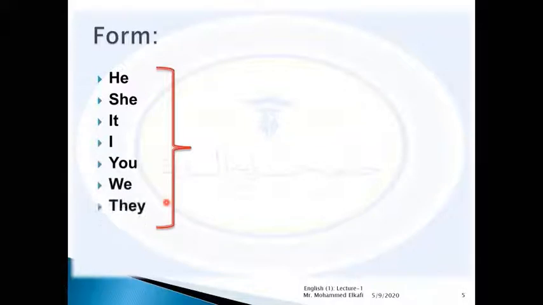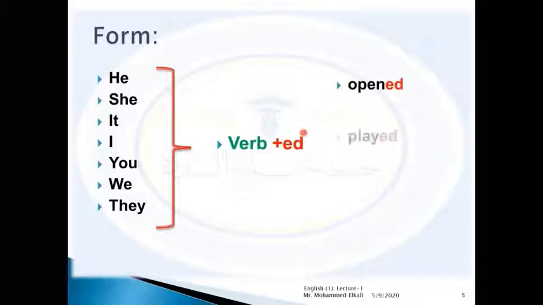About the form of the past simple tense, here we use the subject pronouns he, she, it, I, you, we, they. We use them with a verb plus ed. So we add ed to the verb, as in opened, played, jumped.